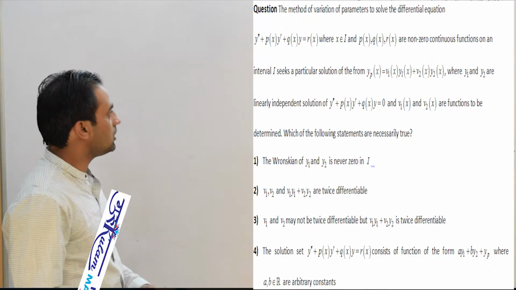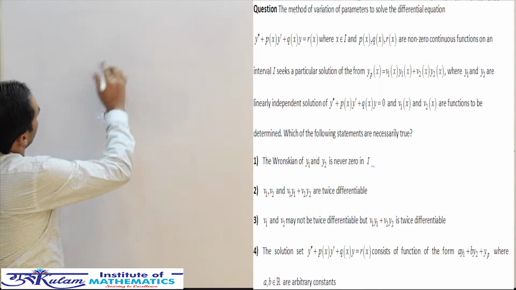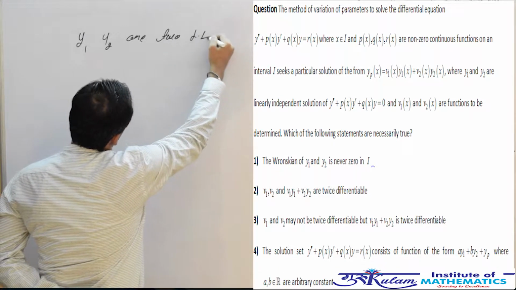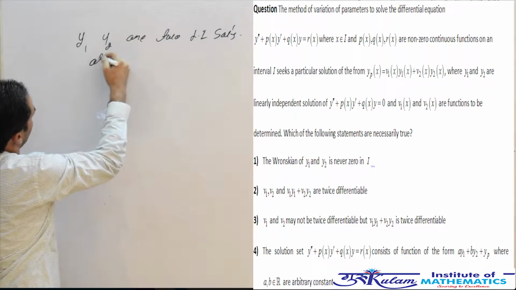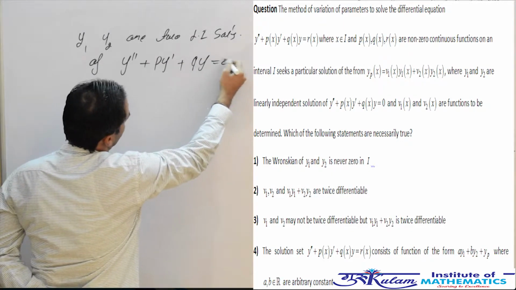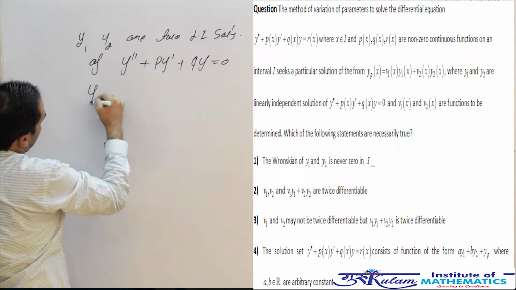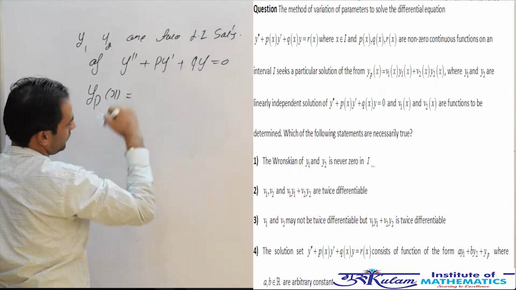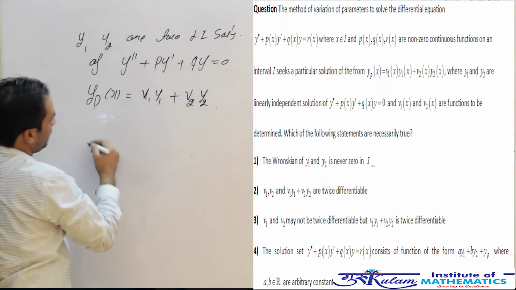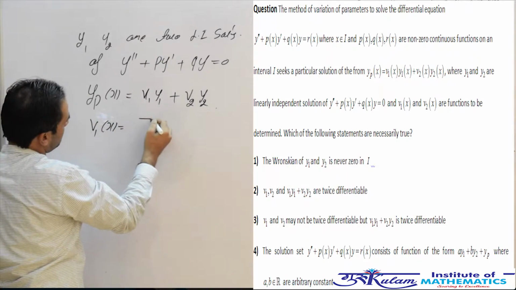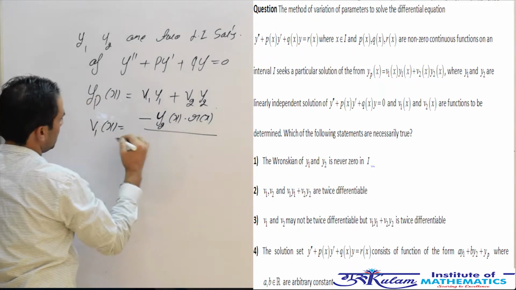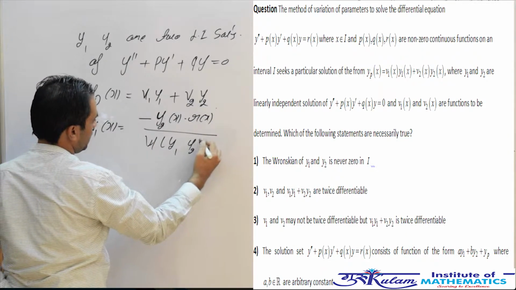So let's start with what the variation of parameter is. We know that if y1 and y2 are two linearly independent solutions of the homogeneous linear equation y'' + py' + qy = 0, then the particular integral of the non-homogeneous equation is given by v1 y1 + v2 y2, where v1' is given by minus y2(x) r(x) whole upon the Wronskian of y1 and y2.